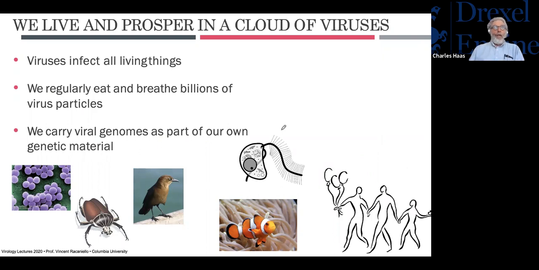Every living thing, whether it's a plant, an animal, an insect, a bird, a fish, or even bacteria, can be infected by viruses. If it's a bacteria, we happen to call it a bacteriophage, P-H-A-G-E.